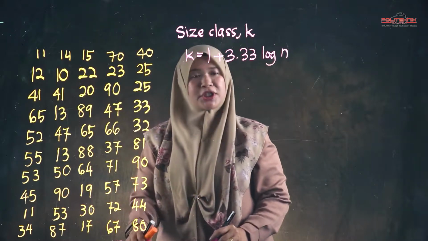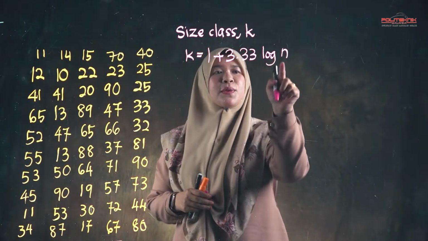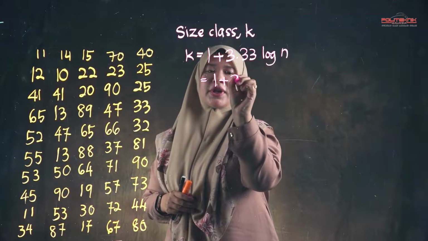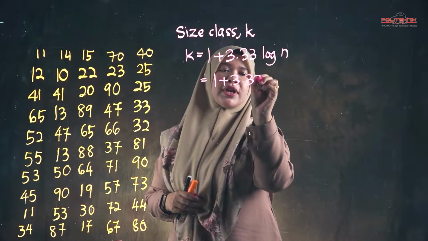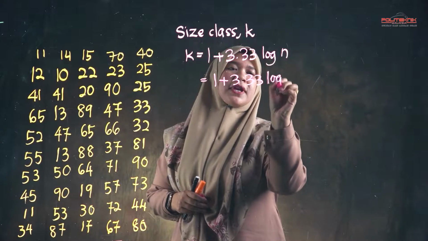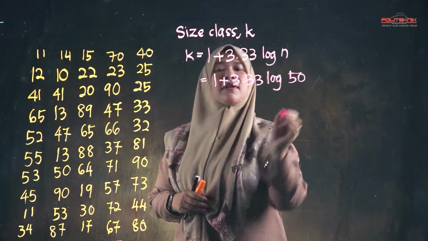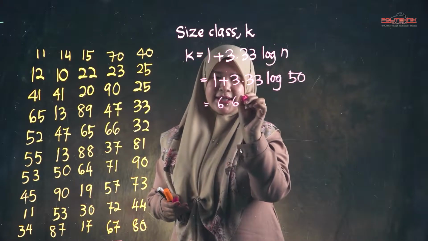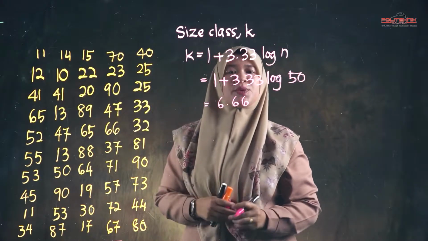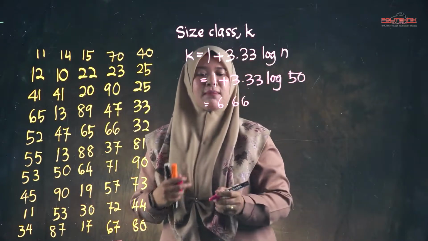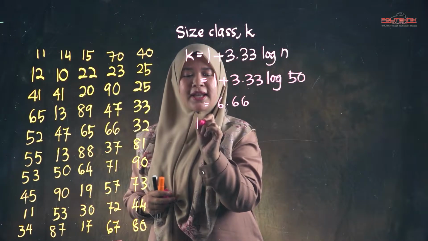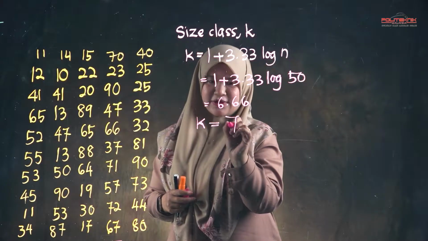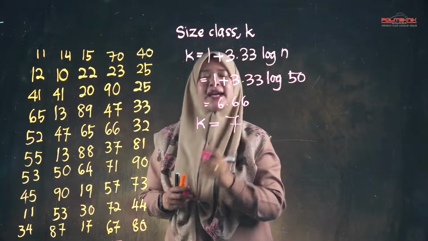So we substitute the value 50 into this, so that we get 1 plus 3.33 log 50. Press your calculator and we get the value of 6.66. We need to round up to the whole number so that we get K equal to 7. Alright, so 7 is our size class.